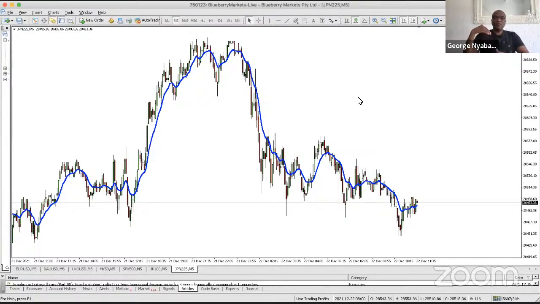That pullback to the 10 EMA is typically one of the first pullbacks in a strong breakout. The market can then pull back again and bounce off a 20 EMA. Fantastic, still take that trade.